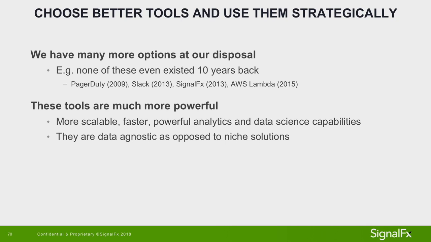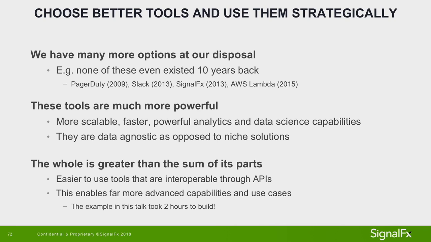And the last one is obvious. The whole is greater than the sum of the parts, because by combining these tools together, you can actually achieve greater value, right? And easily. This is really the fascinating part about it. For example, this whole example of that Lambda and Slack metrics and whatnot, it actually just took me 2 hours to set up.